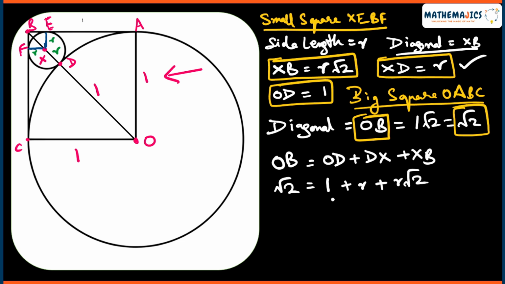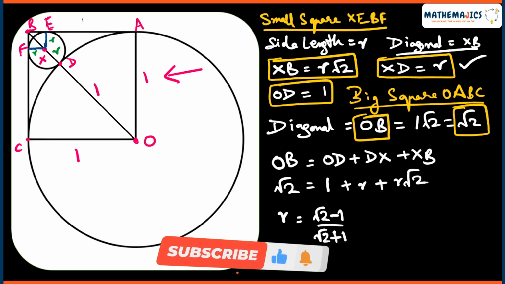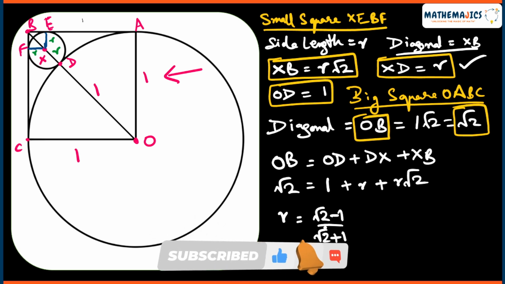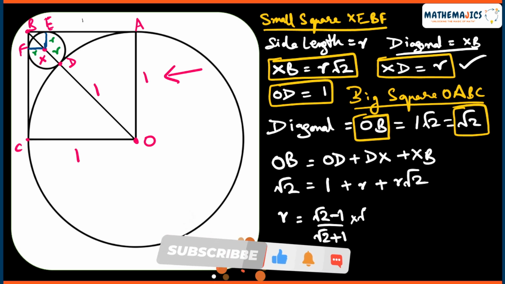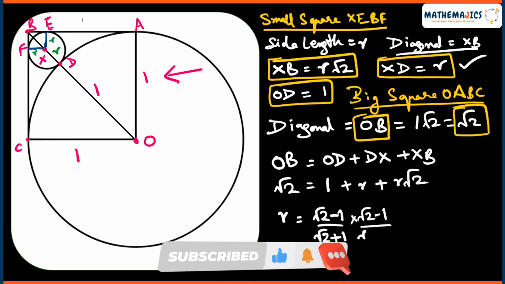Now, if we simplify this further, we will get r equals root 2 minus 1 upon root 2 plus 1. Now, what can we do? We can rationalize this by multiplying it with root 2 minus 1 in the numerator and denominator.